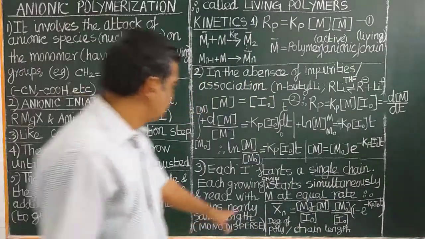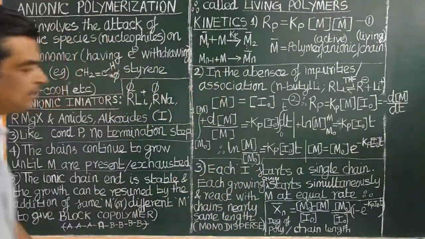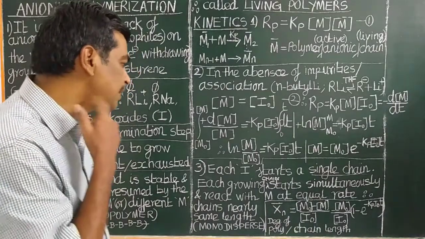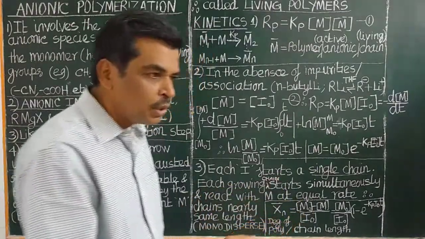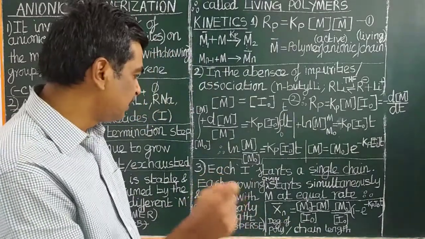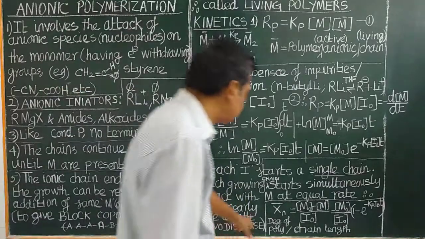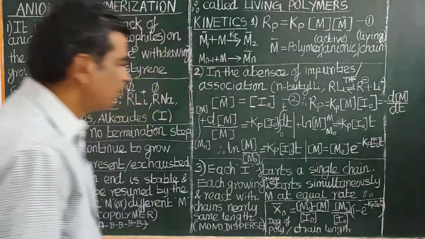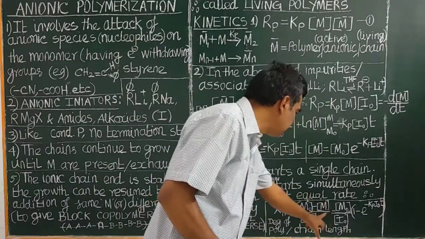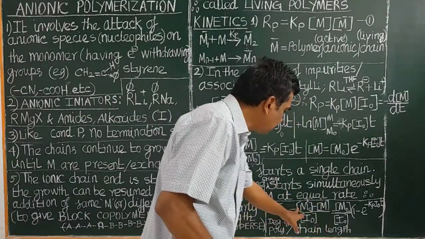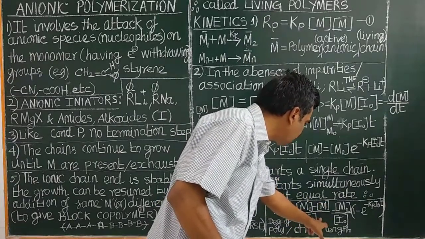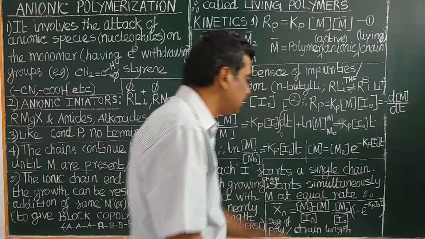Now the degree of polymerization or kinetic chain length is defined as the average number of monomer molecules present in a single chain. It is calculated by using this relation: M naught minus M divided by I naught, the initiator concentration in the beginning.